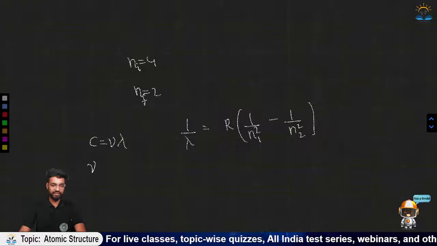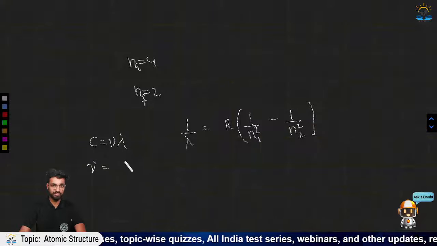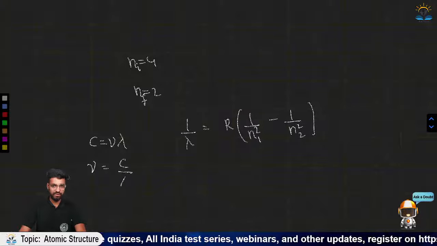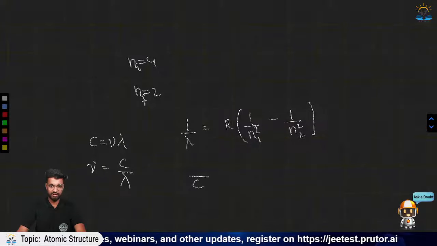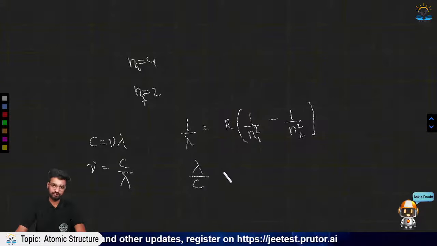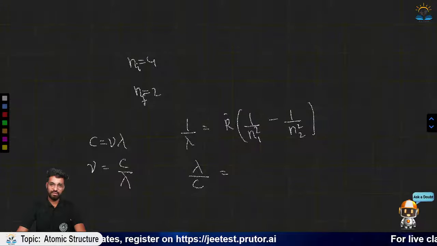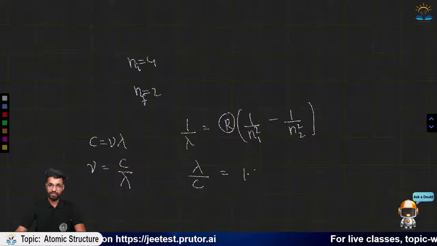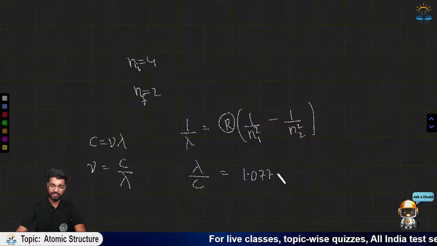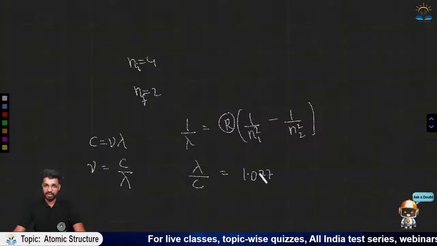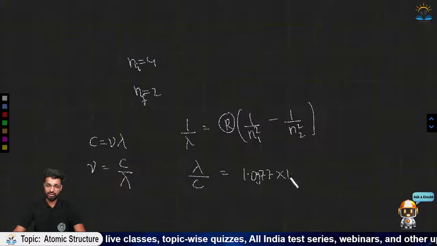We have to calculate the frequency, so nu will be equal to c by lambda. Now we know that R is equal to 1.09737 into 10 to the power 7.